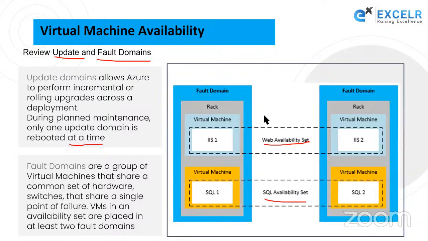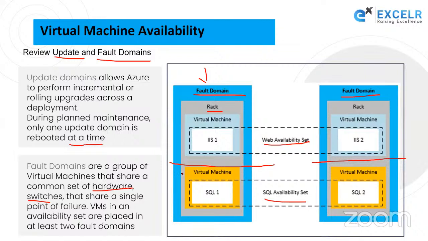Then we have a fault domain. Fault domains are nothing but a group of virtual machines that share a common set of hardware, network switches, and share a single point of failure. You can see this is one fault domain, and this is another fault domain, and you are placing your virtual machines into different fault domains so that you don't get affected by any issues which happen to the physical rack, network, or any other physical component.